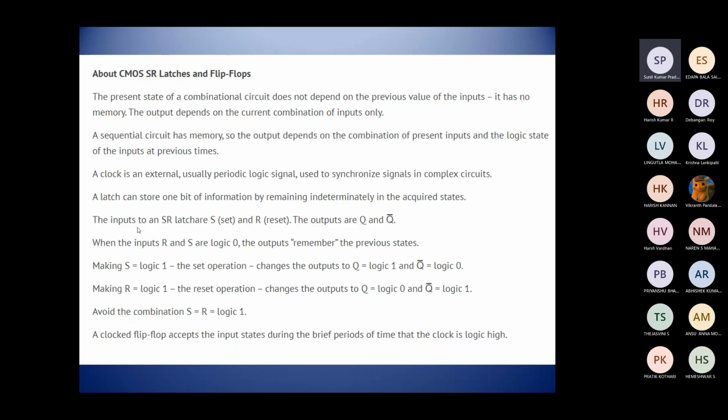So the present state of the combinational circuit never depends upon the previous value of the inputs, because it has no memory. The outputs depend on the current combination of the inputs. So the output we have in the combinational circuit only depends upon the combination of inputs at that time.